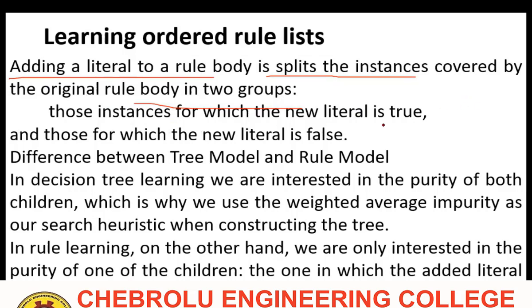If you add one literal to the rule body, automatically the instance space is divided into a minimum of two groups. One, those instances for which the new literal is true.